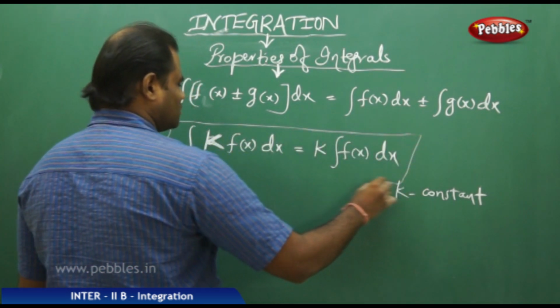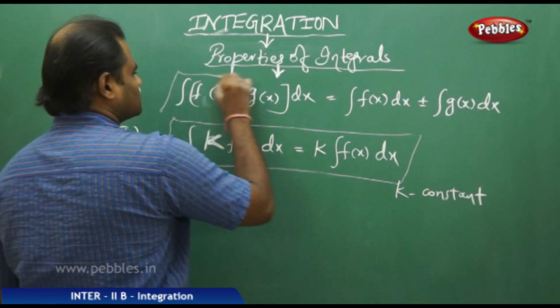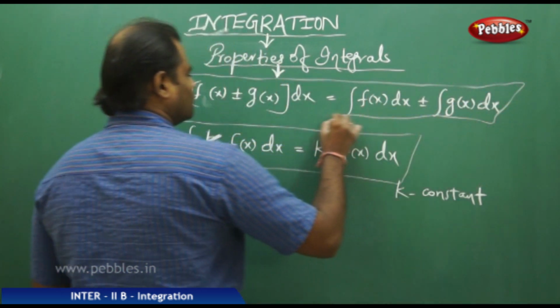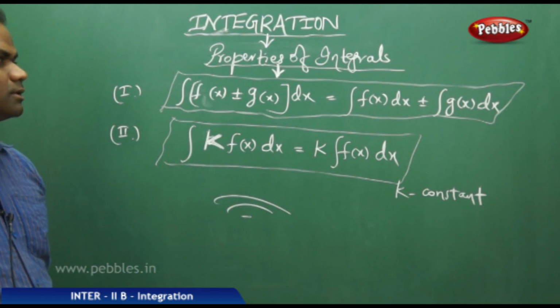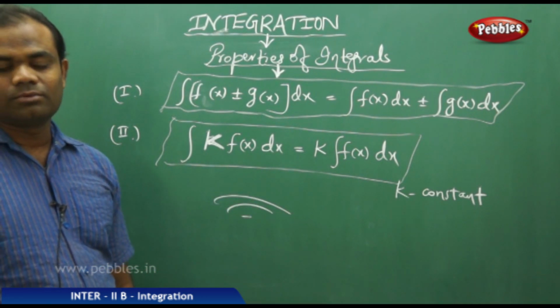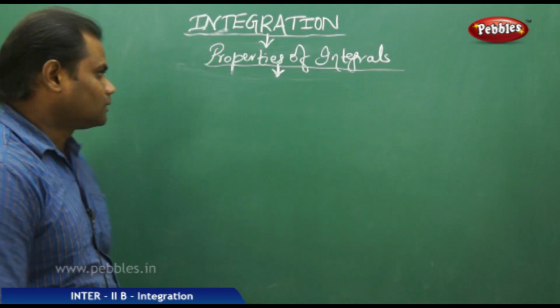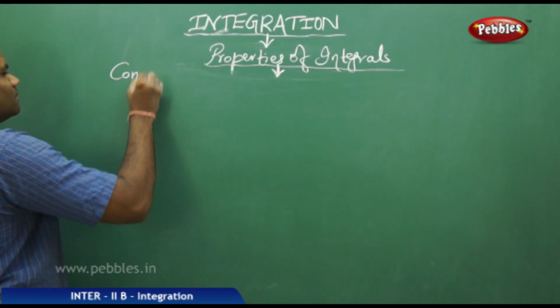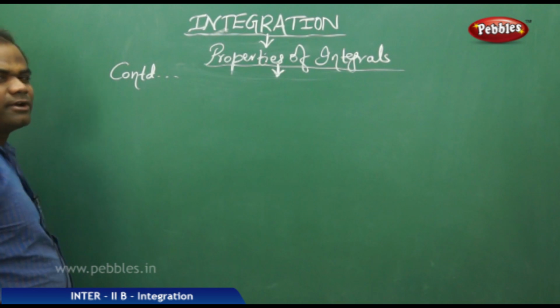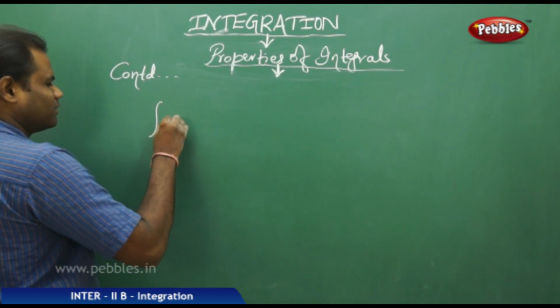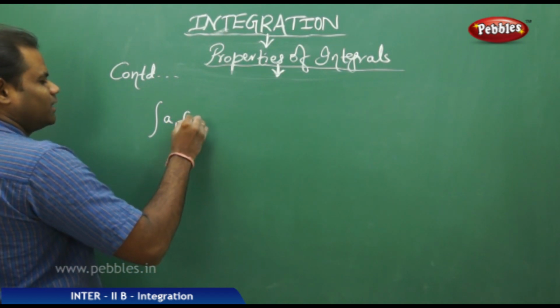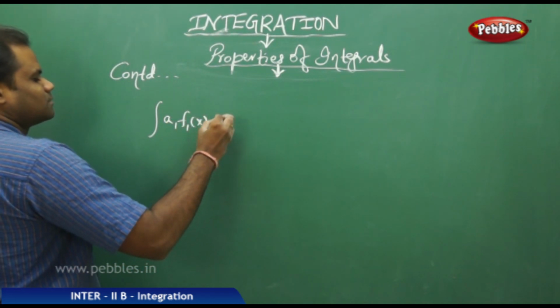So these are the two properties of integration which we take into account when we solve some of the problems. Now continue from the session. Suppose there are n functions and n constants, say for example, I would like to find integration of a1 f1 x.